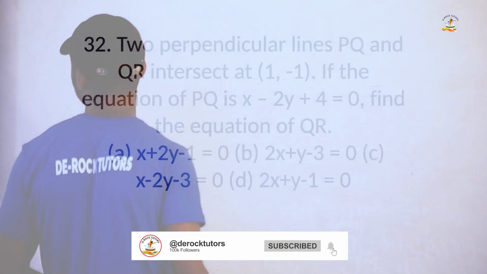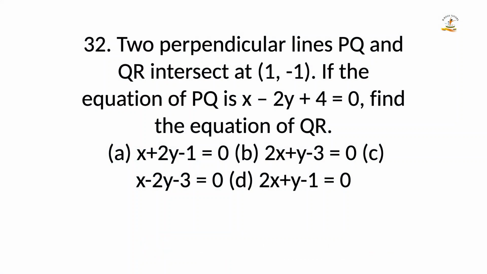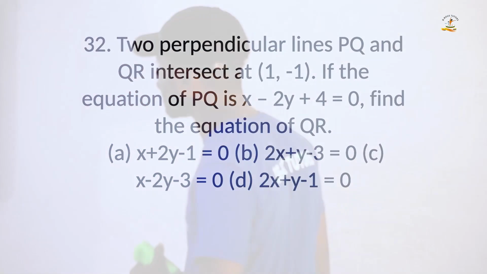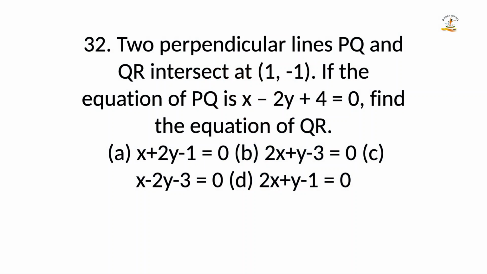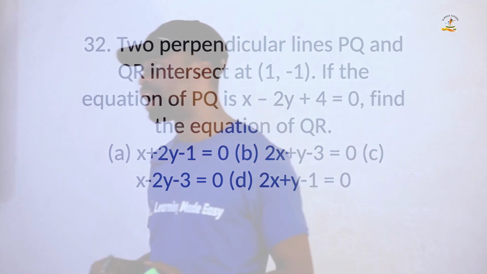Question number 32. Two perpendicular lines, PQ and QR, so to say, intersect at (1, minus 1). If the equation of PQ is x minus 2y plus 4 equal to 0, we are required to find the equation of the line QR.